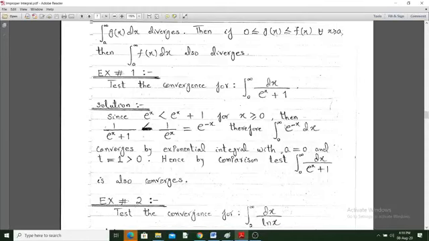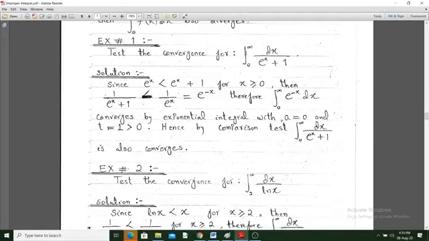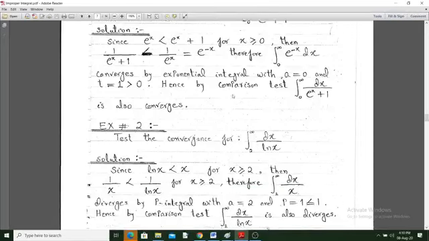And from exponential integral, we know that when t is greater than 0, this exponential integral is convergent. But e power minus x is greater function, and this integral is greater integral from the given इंटीग्रल. एंड दिस मीन कि जब आपका ग्रेटर फंक्शन का ग्रेटर इंटीग्रल कन्वर्जेंट है तो स्मॉलर फंक्शन का स्मॉलर इंटीग्रल भी कन्वर्जेंट होगा. सो वी प्रूव दैट द गिवन इंटीग्रल इज कन्वर्जेंट.